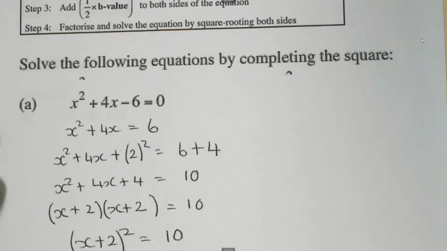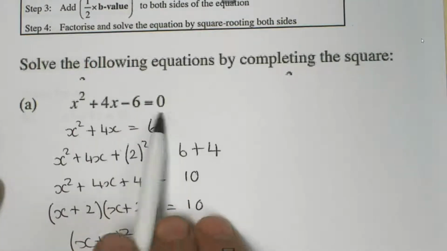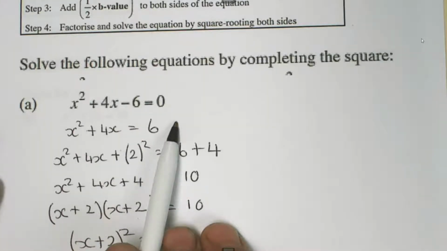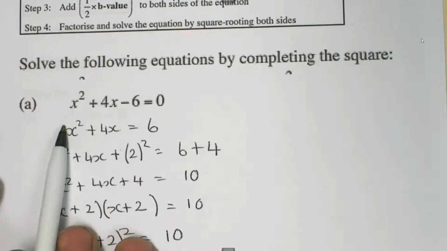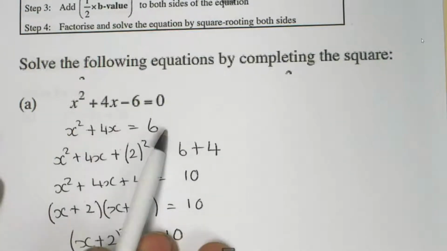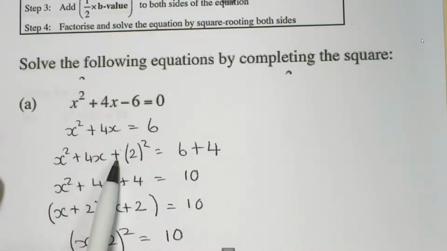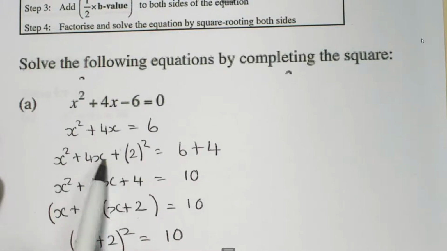I repeat, to solve the quadratic equation by completing the square, the first step is to take the c value, the constant, across. The next step is to divide by the a value. So the a value is 1, we divide everything by 1, it remains unchanged. The next step is to keep the first two terms, add half the coefficient of x, which is 2, and square it.